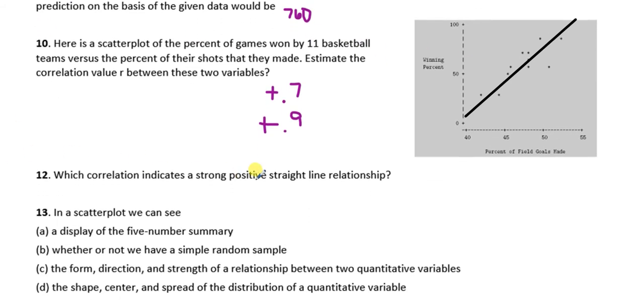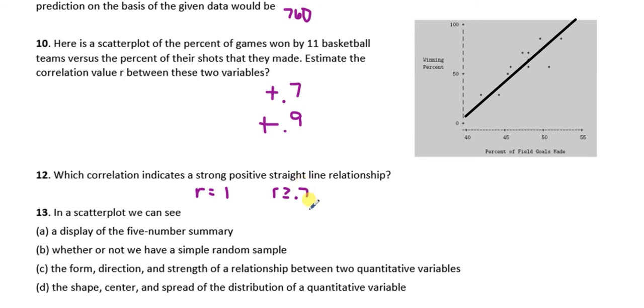Which correlation indicates strong positive straight line relationship? Oh, that's when I took the multiple choice answers. Strong positive, it's got to be an R that's positive number and close to 1. So R equals 1 or anything around 0.7 or higher, definitely 0.8 or higher.